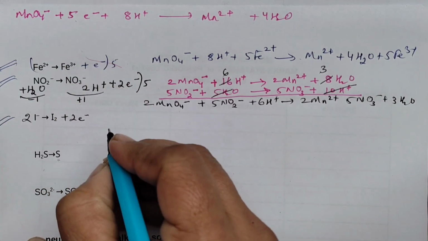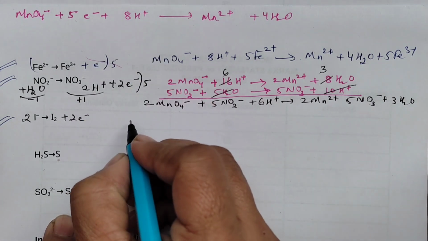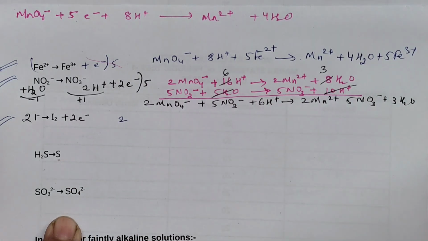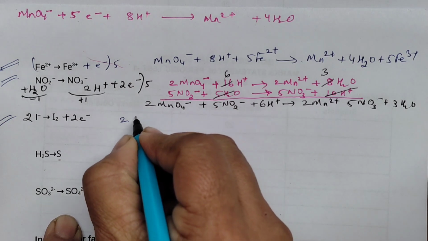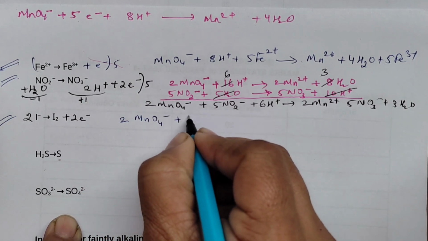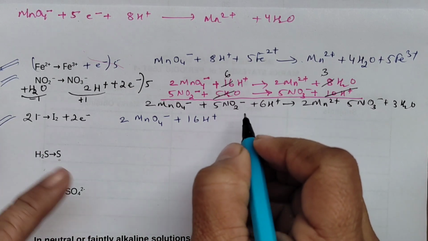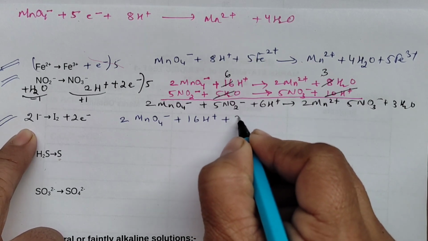So when I multiply the upper equation with 2, I get the equation which I already wrote here. So you will have 2 MnO4 minus plus 16H plus. There is nothing getting cancelled but the electrons, so I'll make it a little shorter and add this directly.